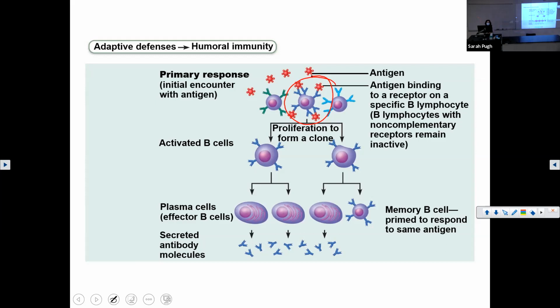Once it binds to the foreign antigen, it will begin to proliferate, which just means it will form clones. So basically it starts making a whole bunch of itself. Now you can see we have more of that exact same type of B cell with that exact same receptor.